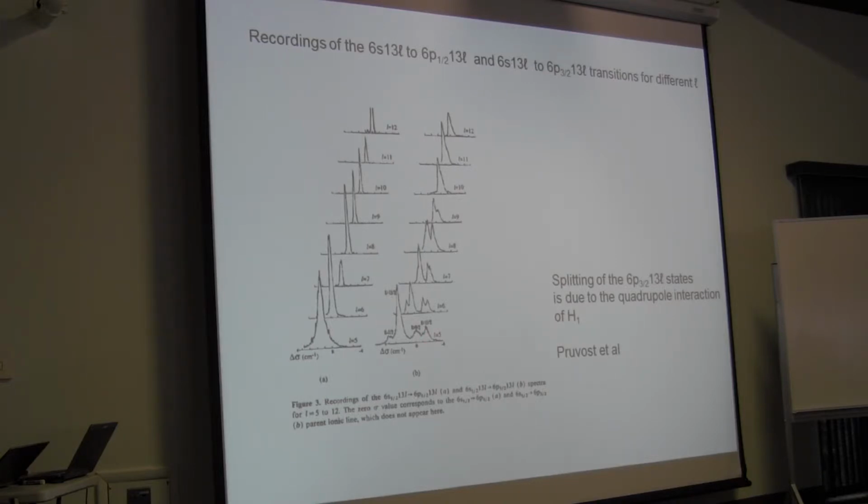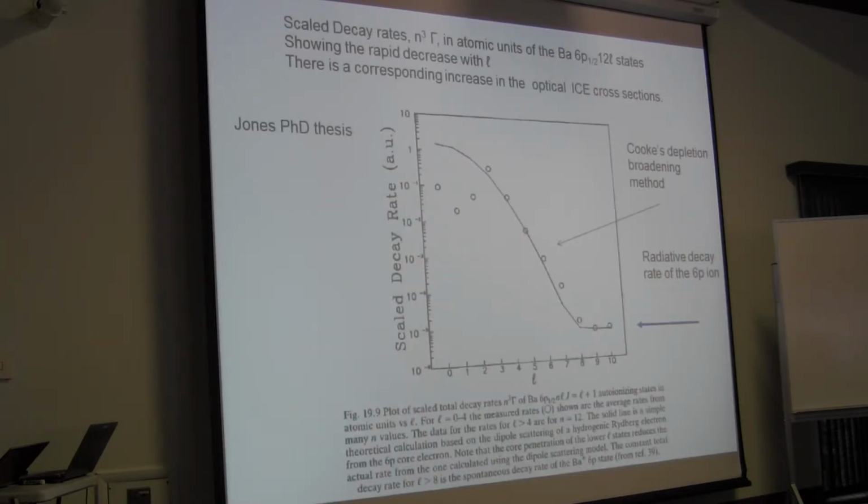Now, of course, implicit in these spectra is you could maybe believe that these are getting narrower, but actually they were measured by Bob Jones in his PhD thesis, and these are in fact the scaled decay rates as a function of angular momentum for n equal 12 in barium.